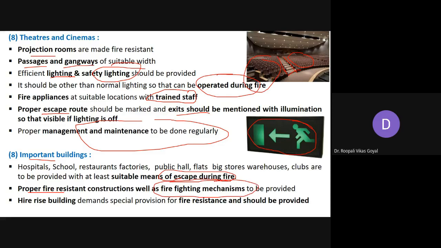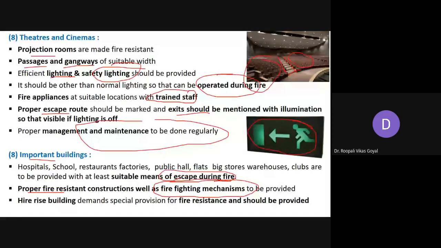And generally, for high-rise building, there is a special provision which is desirable, and that is to be provided. So in short, जहाँ पे ज़्यादा लोग इकट्ठा होते हैं, वहाँ पे फायर रेजिस्टेंट कंस्ट्रक्शन is a must, as well as apart from that, the firefighting mechanism should also be provided with the trained staff. So whenever fire takes place, the life of maximum people can be saved.